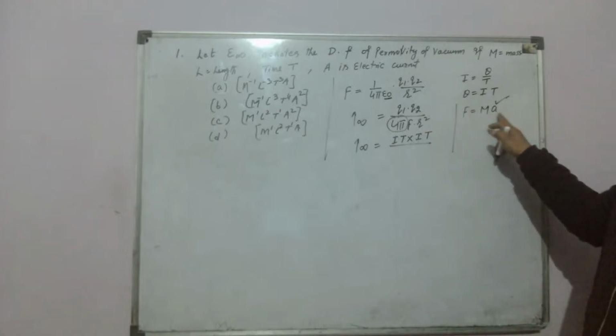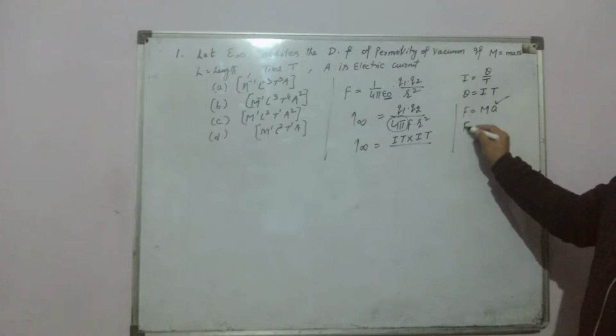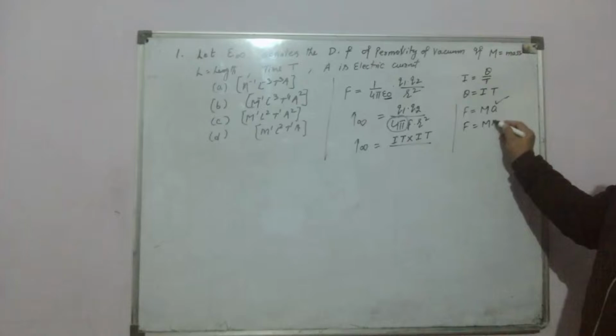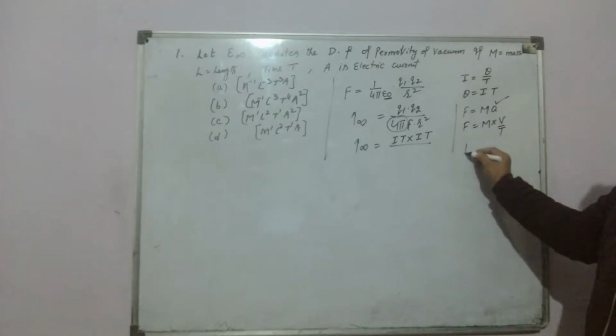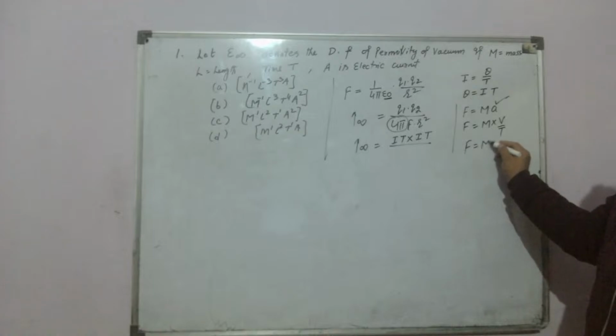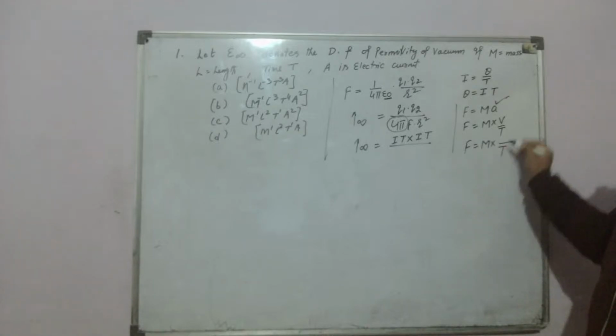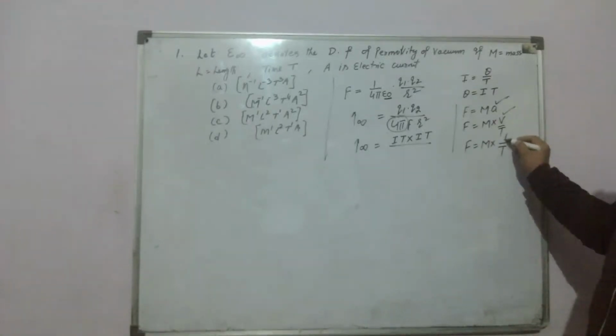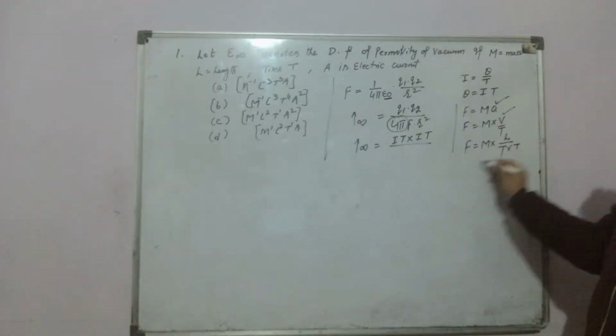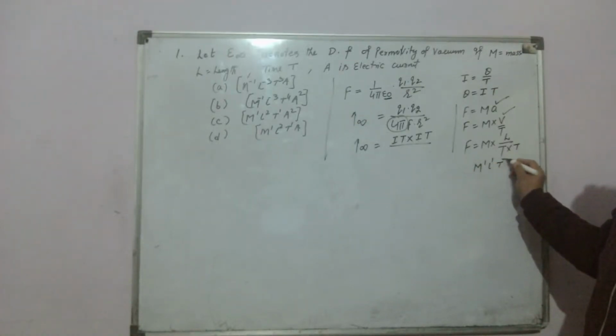So here is M. You will solve A. F is equal to M multiplied by A, acceleration is velocity upon time. Velocity is displacement upon time. So the formula is M1 L1 T raised to power minus 2.